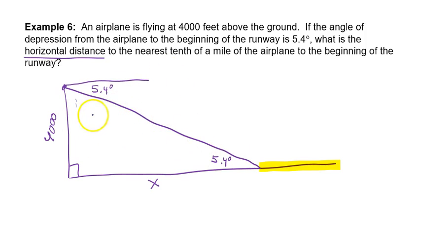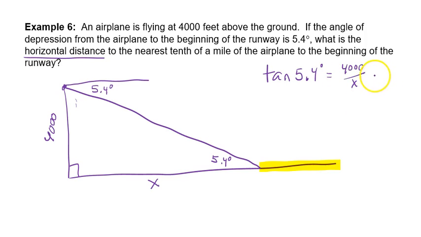Now that I have things inside of the triangle, I'm not going to worry about this outside 5.4, but I am going to look at my sides in relationship to this inside 5.4. I have the opposite side and the adjacent side, so yet again I am using tangent. So tangent of 5.4 is 4,000 over x.